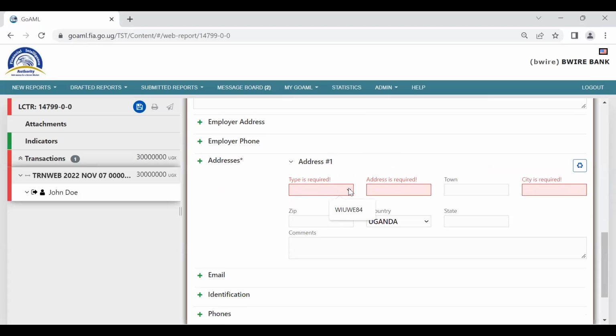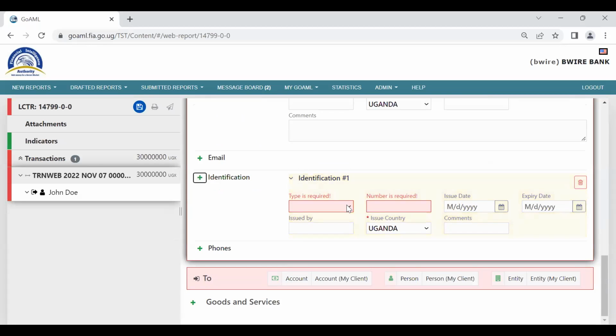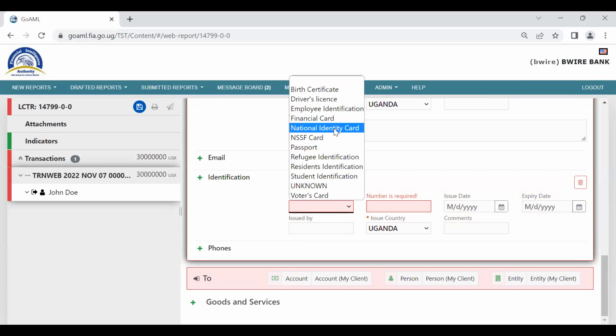So after that, you can capture additional information. If you have my NIN, of course, then you'll have my address, which you can capture here. You can go ahead to capture identification details of the national identity card.